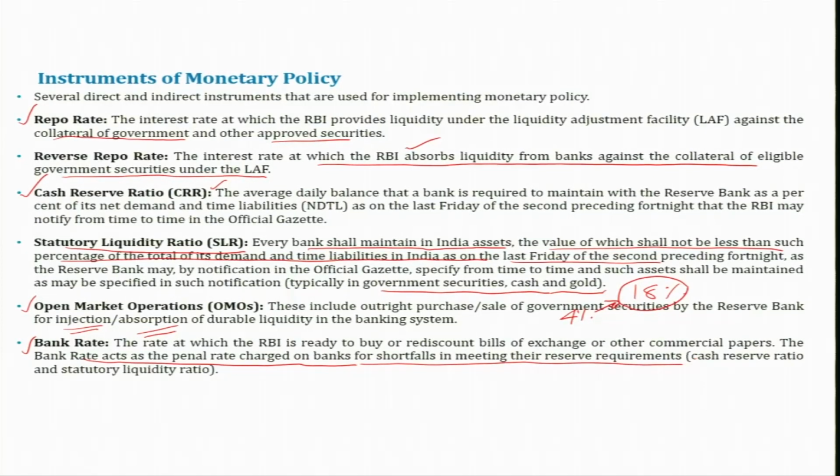Suppose the banks are unable to maintain the cash reserve ratio for a stipulated period of time, if they keep on failing to maintain it, then there is a provision for a penal rate at which the bank needs to pay a penalty to the central bank. The rate is fixed at the bank rate. This is actually the bank rate, the penalty rate.